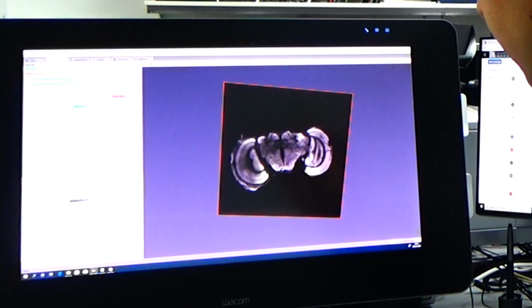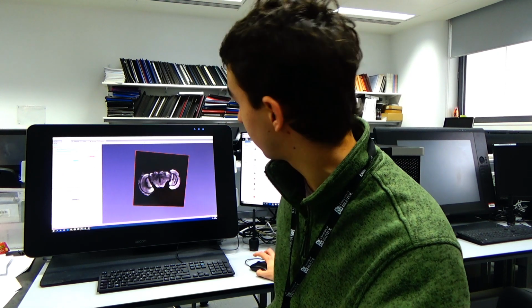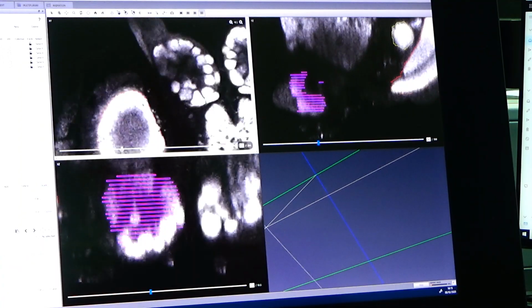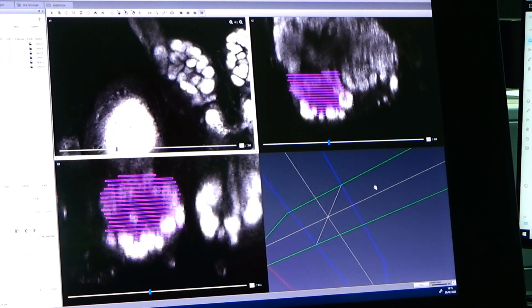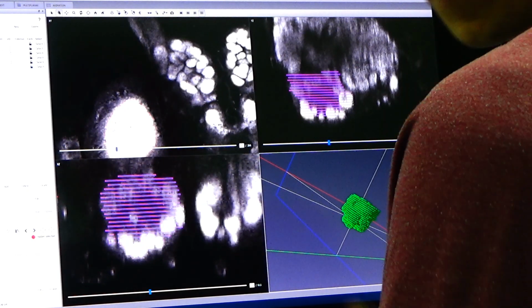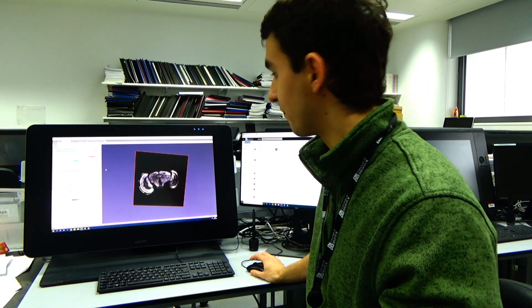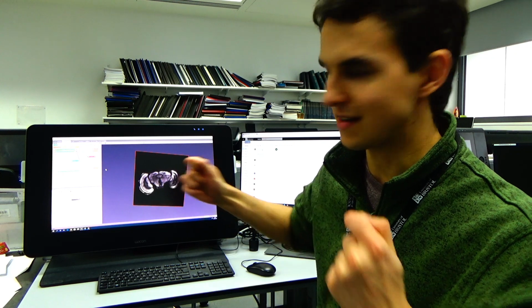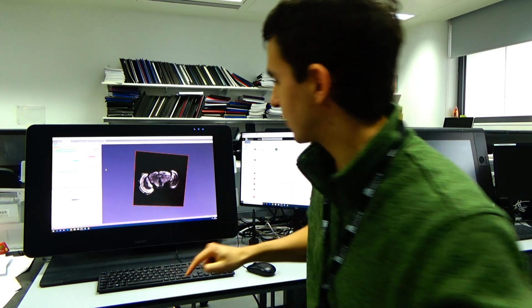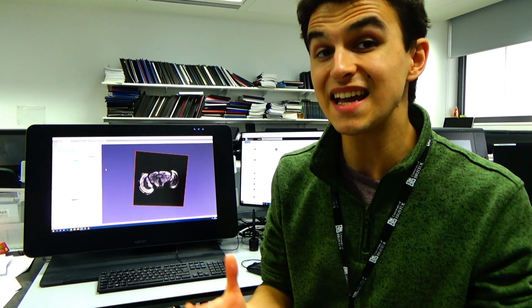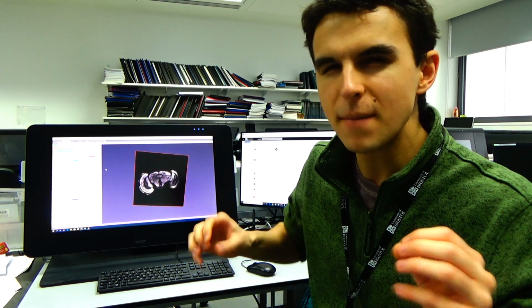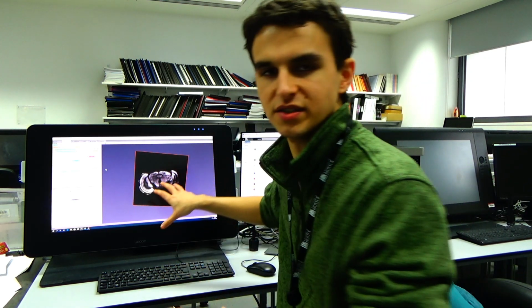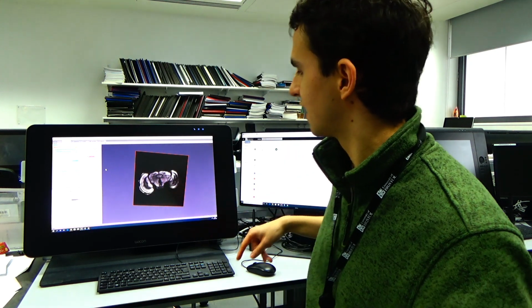So these bulbous things protruding from the sides are what we call the optic lobes, and they process light, visual information coming from the eye. So what I'm going to be doing is looking at this huge community of butterflies of around 60 species in this Amazonian rainforest in eastern Ecuador, and then comparing the brain volumetrics of the different species and seeing how that relates to the microhabitats, the environments in which these butterflies are living.